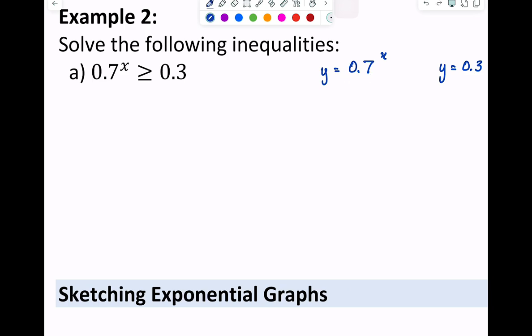This base of 0.7 here is less than 1. It's between 0 and 1, which means that there is actually a hidden negative power. So that's the same as 7 over 10 to the power of x.